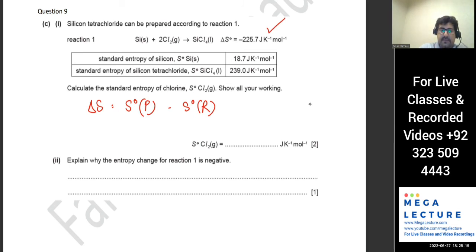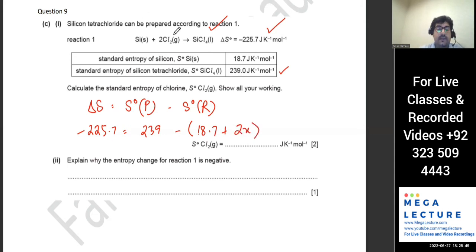That's minus 225.7. The product SiCl4, that's also there, that's 239, minus the reactant. So silicon is given, that's 18.7. What is not given is X over here.